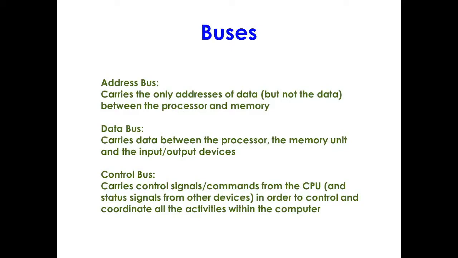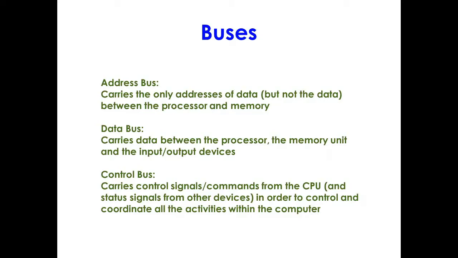The address bus carries only the addresses of the data. The data bus carries the data between the processor, memory unit, and the other devices. The control bus carries control signals or commands from the CPU in order to control and coordinate all activities within the computer.